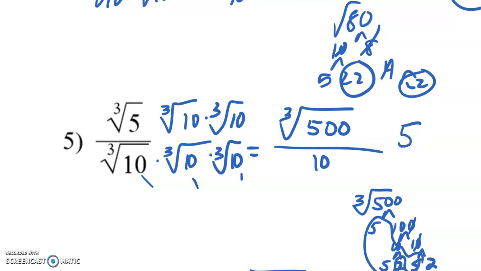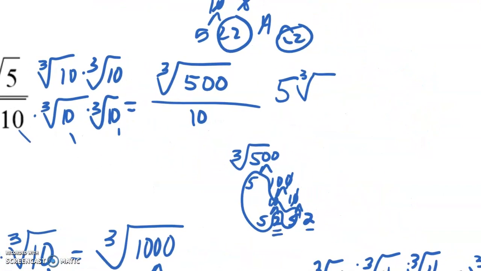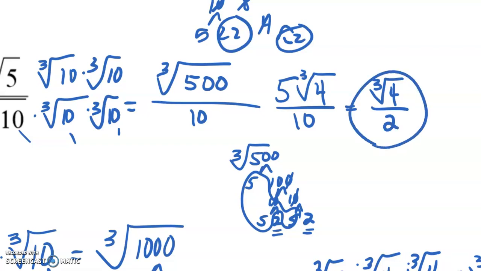So it's 5, the cube root of, and what's left is what? A 2 and a 2. So 2 times 2 is 4 over 10. And that's the cube root of 4, and 5 over 10 simplifies. So it does simplify down once you get a large number like 500.